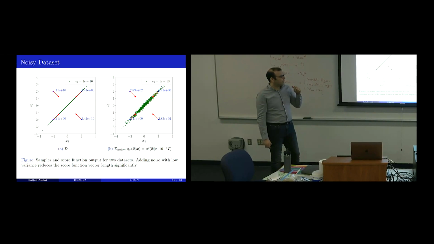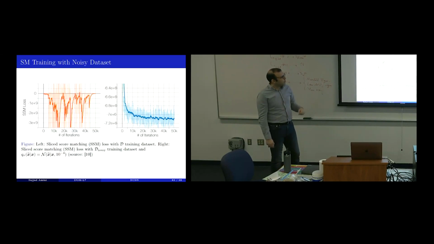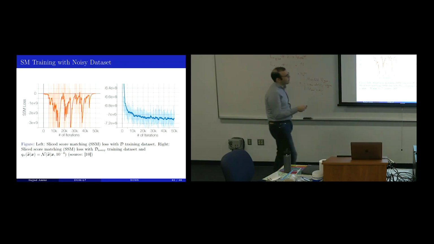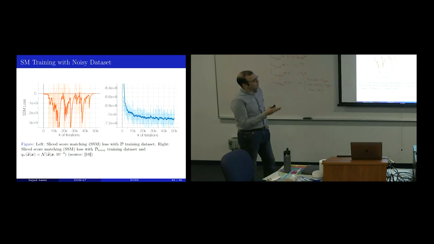It is not the original data anymore. So this is the first problem. And this is how adding noise affects the training of the dataset. This is for sliced score matching, and we see that when adding the noise, the learning curve is much more aligned with our expectation.